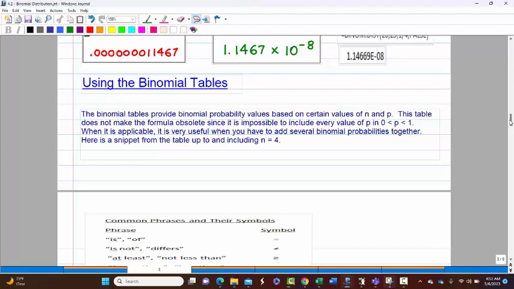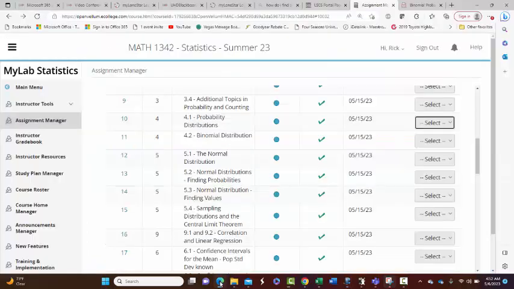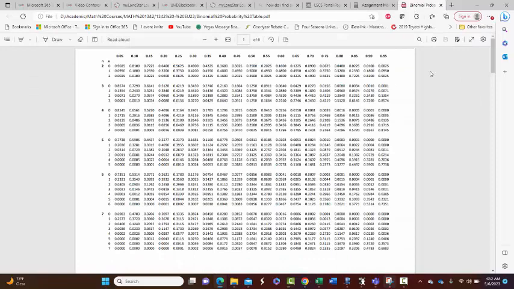Now it's impossible to have a binomial table for every possible value of n and p, and this table only goes up to 20. So what I do on a test is just so you have this option. It may not be true on a homework, but on a test it can be, because I can keep the parameters within what fits this table.